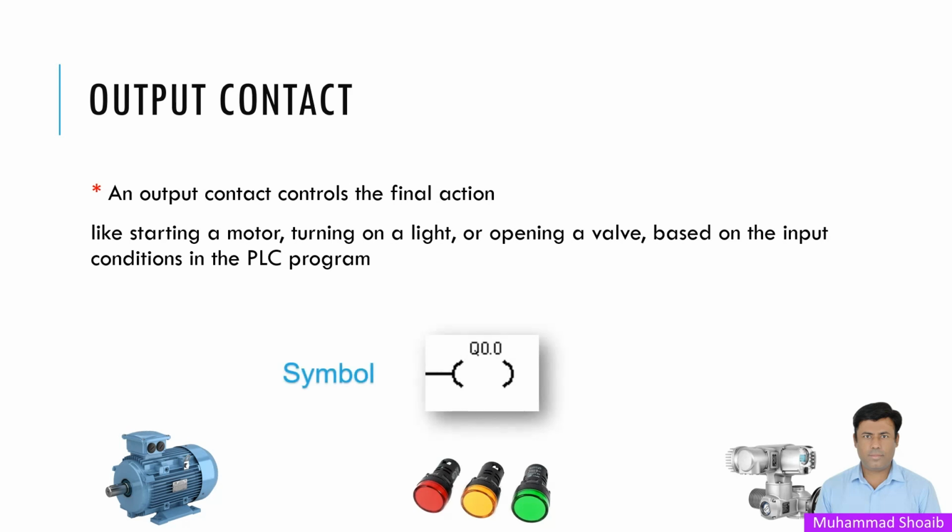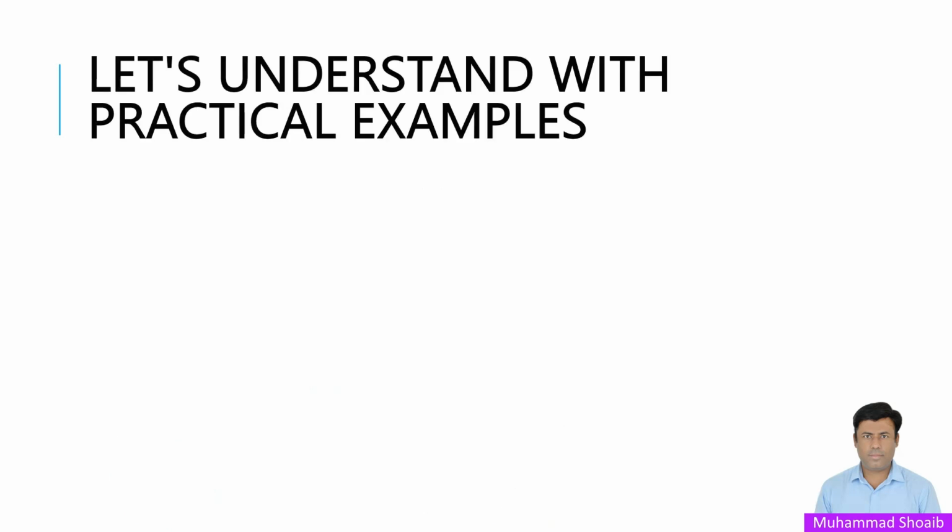So this symbol we are using for the output contact, or the coil, in Semantic Manager. So let's combine the NO contact and output contact, and let's understand with a practical example.